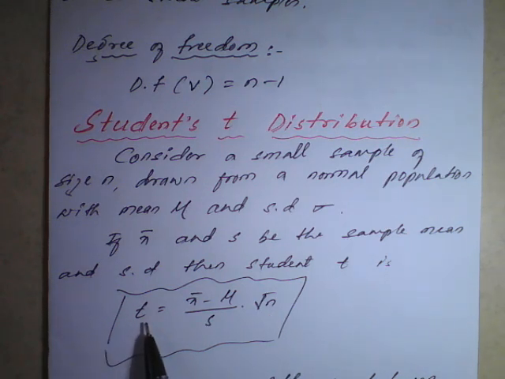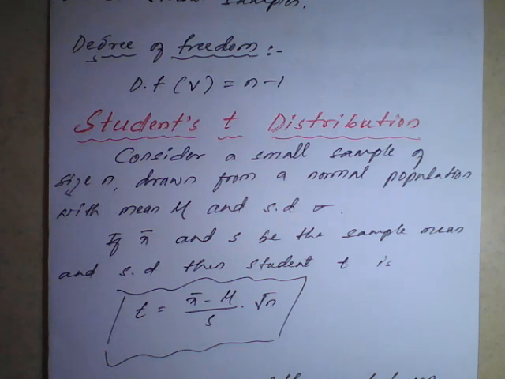X bar is the sample mean, mu is the population mean or normal population mean, and s is the sample standard deviation. This n stands for the sample size, that is how many samples we have taken.